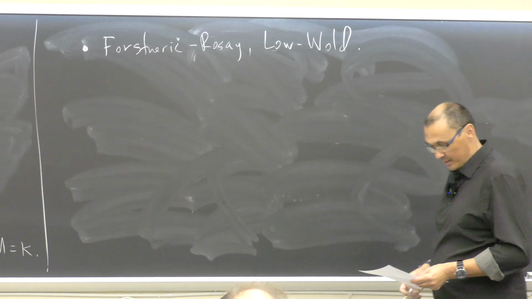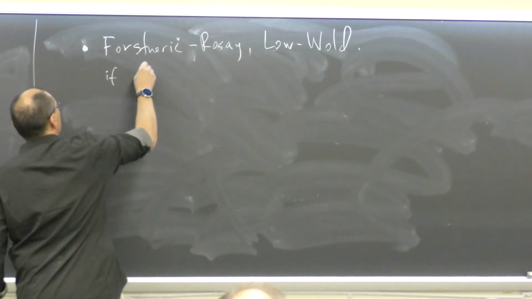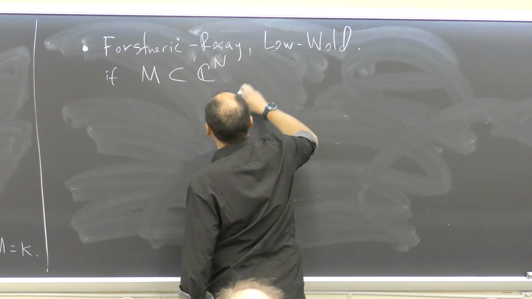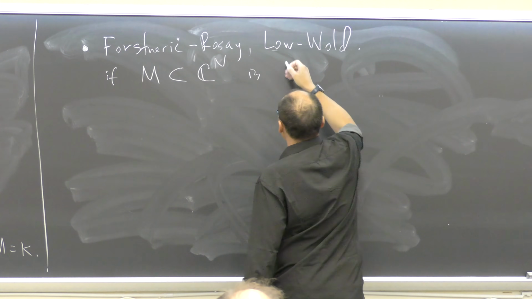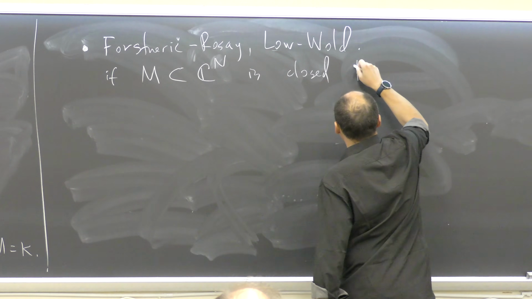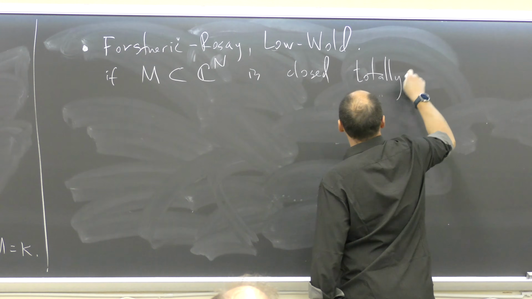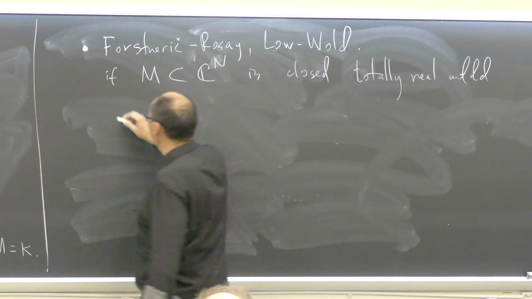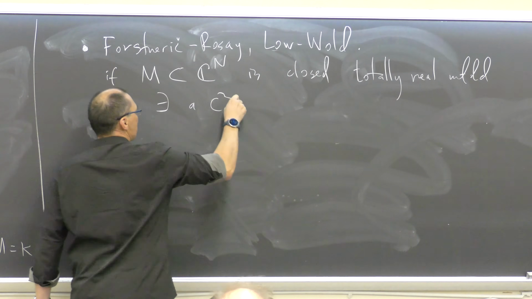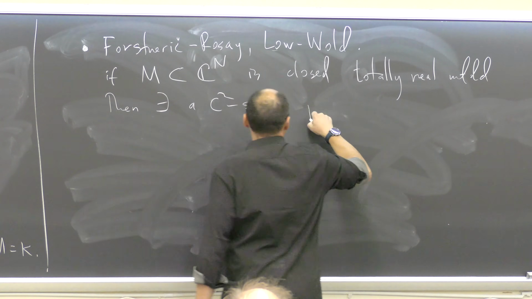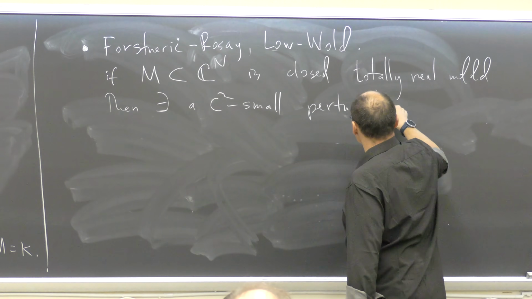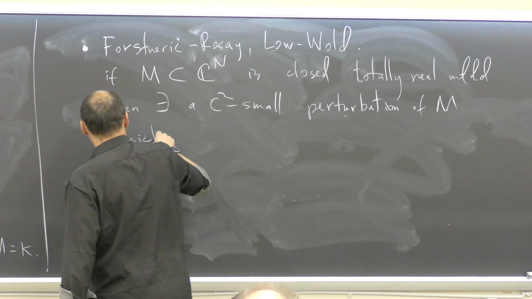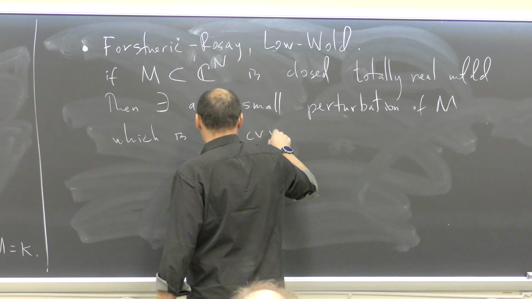They proved the following, that if M in Cn, or capital N, is a closed totally real manifold, then there exists a C2 small perturbation of M which is polynomially convex.